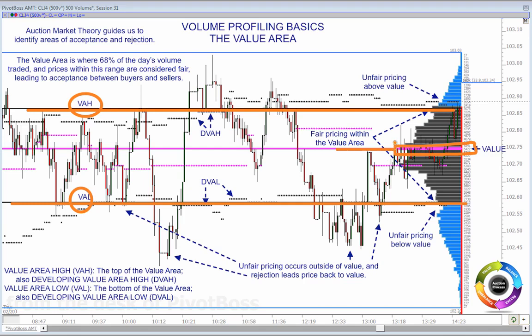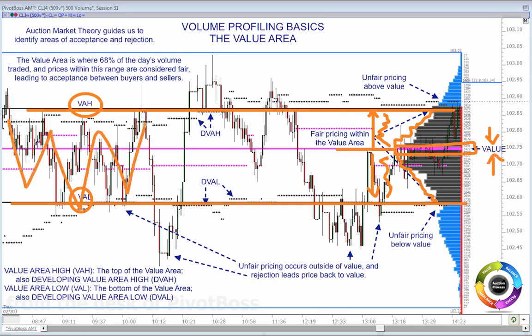The value area is the 68% of volume that traded around the volume point of control. So you get 68% of volume up here to here, evenly split in a perfect world, right? Which means you have 34% above and 34% below the volume point of control.